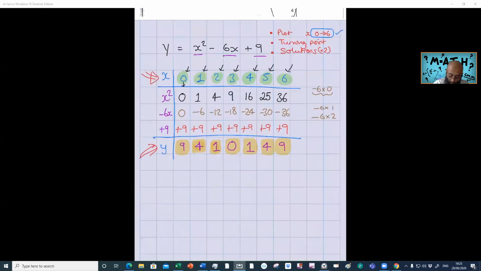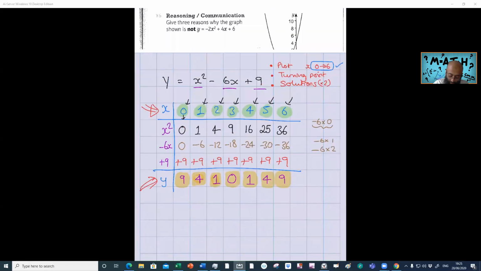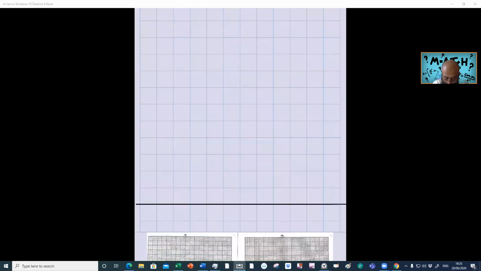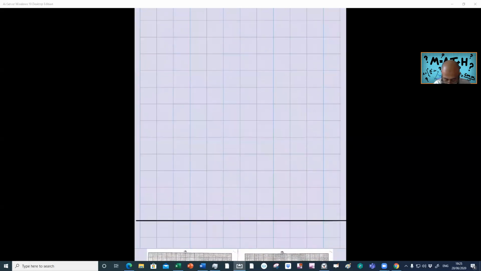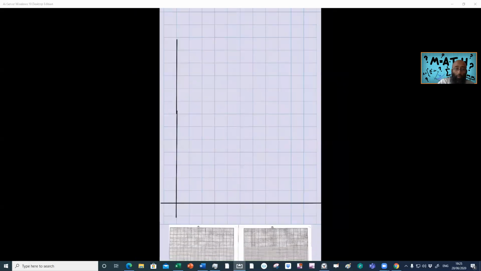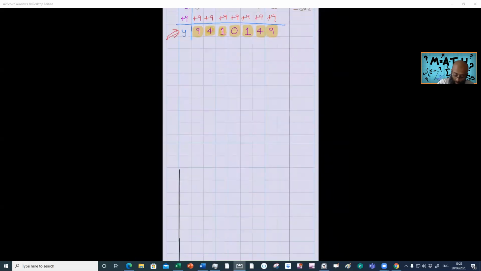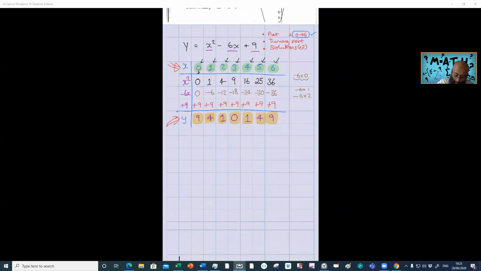So we need to go from 0 to 6 and then up to 10. I think we can cut that, bring that down.